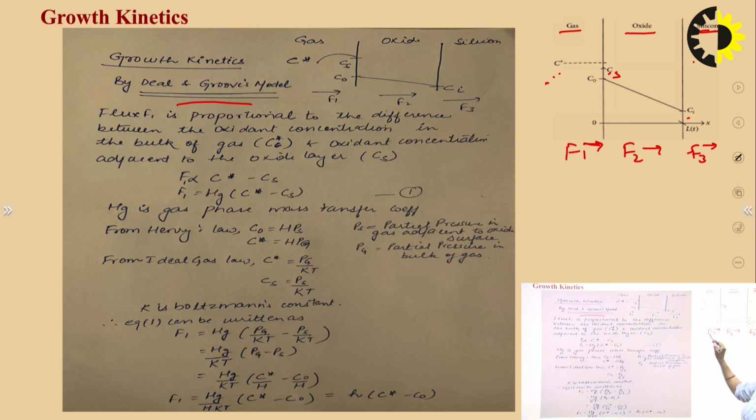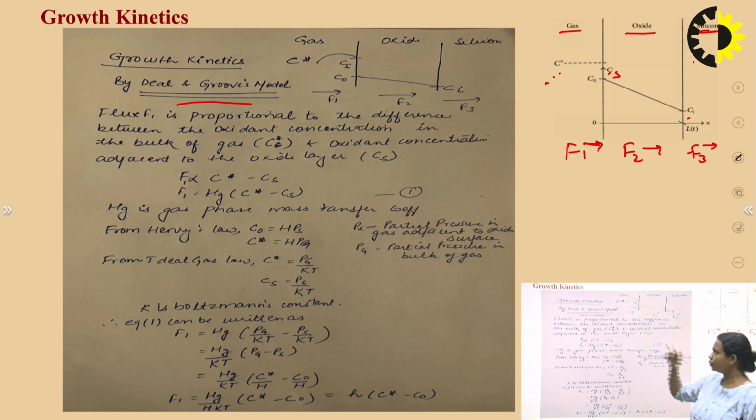So I have shown three fluxes. We are going to find the value of each flux, and using these values we have to find the concentration values of CO and Ci. So we have to use such a derivation to get these values.